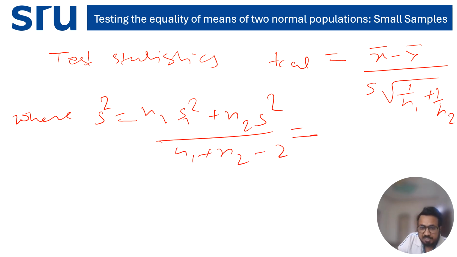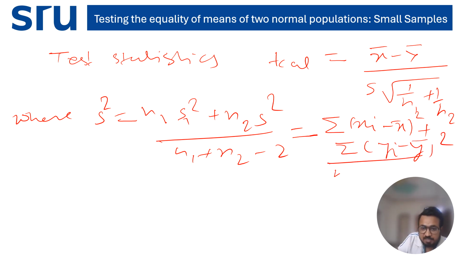This can be written as summation of (xi minus x bar) whole square plus summation of (yi minus y bar) whole square, divided by n1 plus n2 minus 2. This is the formula for finding the test statistic for the equality of means of two normal populations when the sample sizes are small.